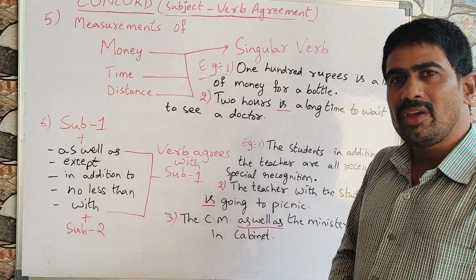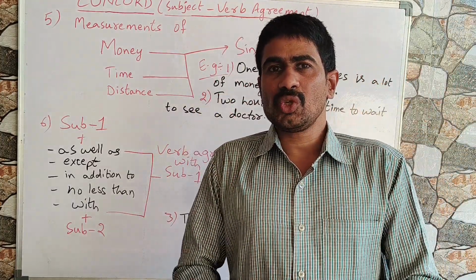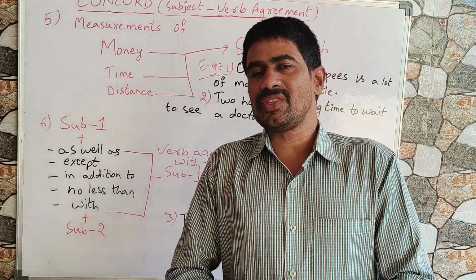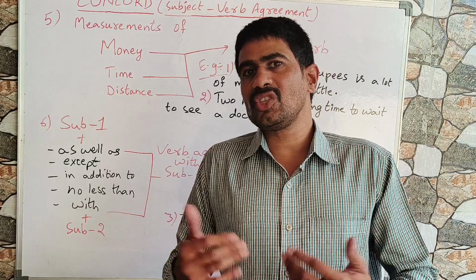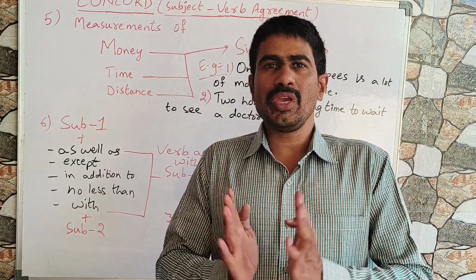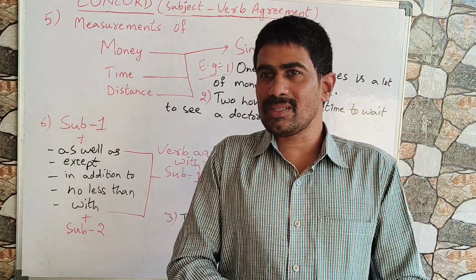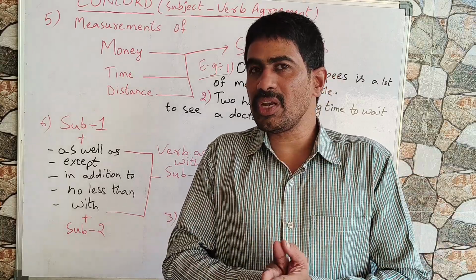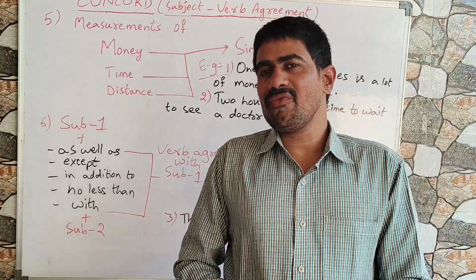Whenever you look at sentences, you need to know the sense of the sentence and then come to a final judgment. First look at the subject and the sense of the subject, then take the verb. The verb should agree with its subject.